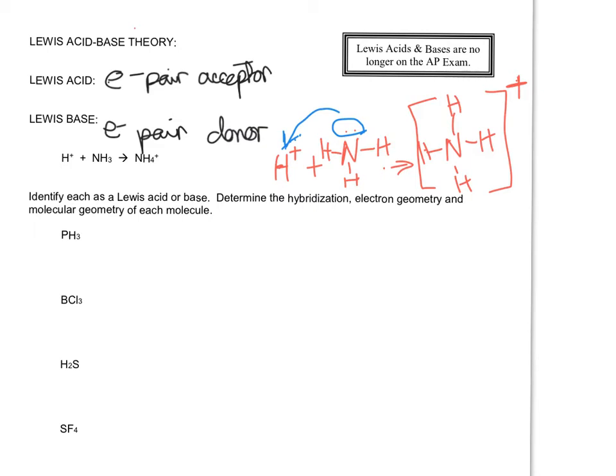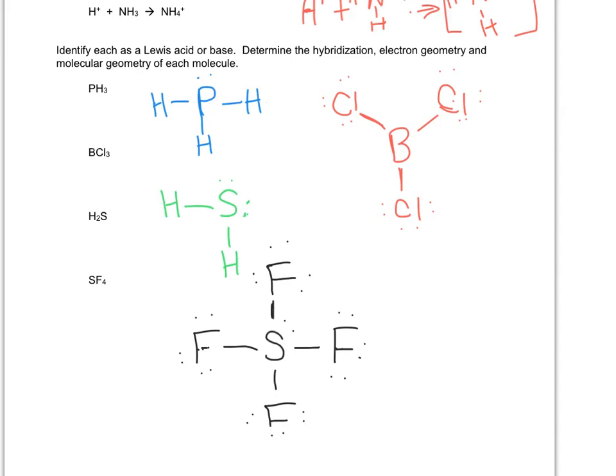So let's practice a few of those. I'm going to draw them, and then we can decide whether they are Lewis acids and bases. So here are the four structures drawn. Let's start with PH3. We want to determine whether it's a Lewis acid or base.